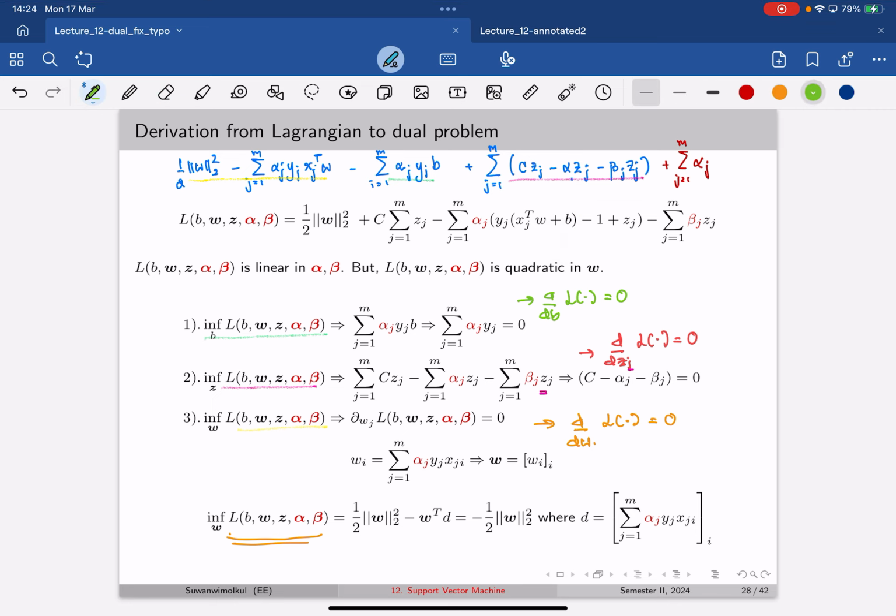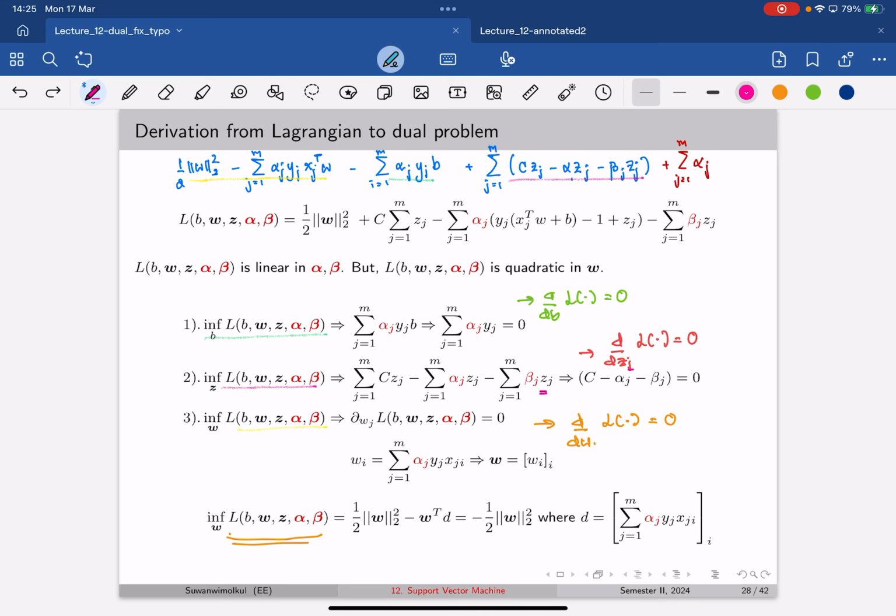Meanwhile, for the slack variable, there are many terms. For example, there is this set j here, that set j there, and over there. So we group them together so that we can now take the derivative with respect to the corresponding variable.